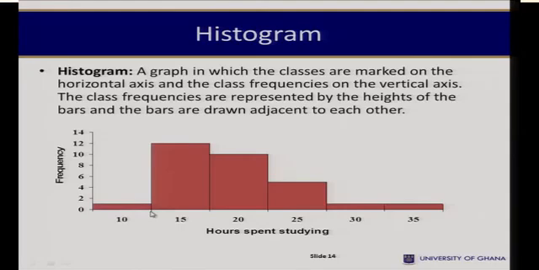What we've actually indicated is the boundaries. So this is the upper boundary of the first class, which is about 12.5, and this is the lower boundary of the first class, and it will be 7.5. And then the frequencies are represented on the vertical axis.